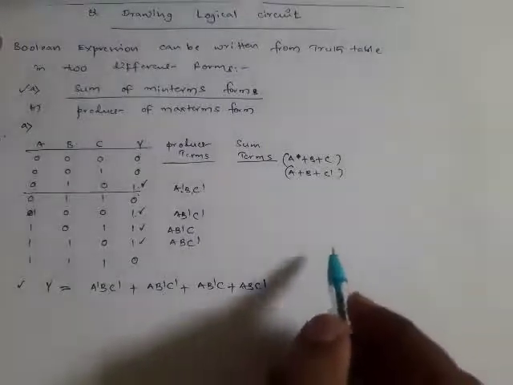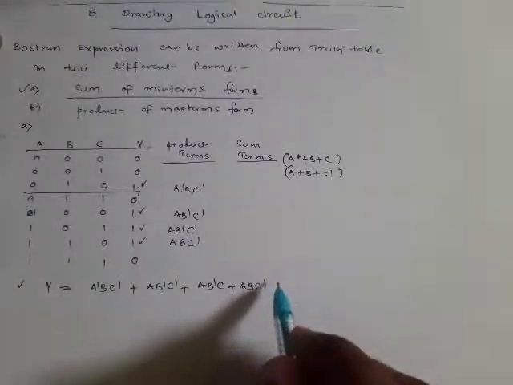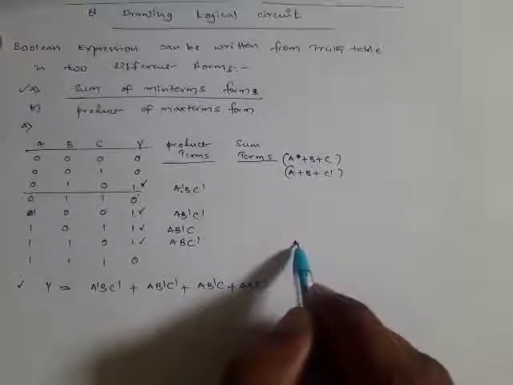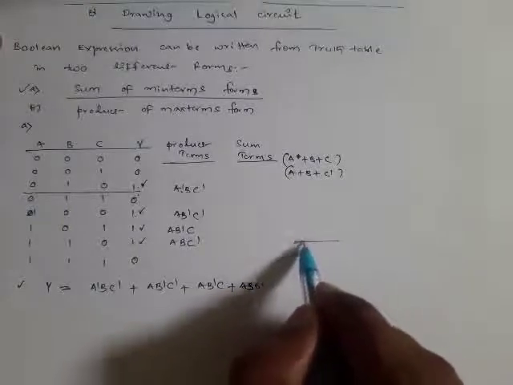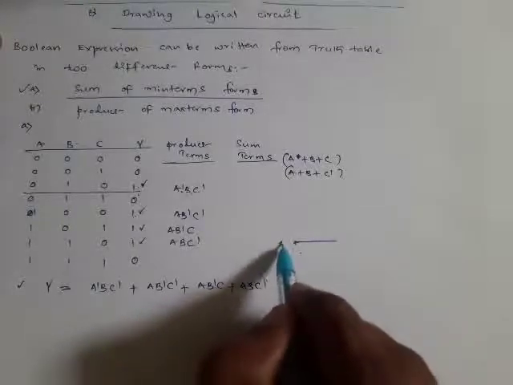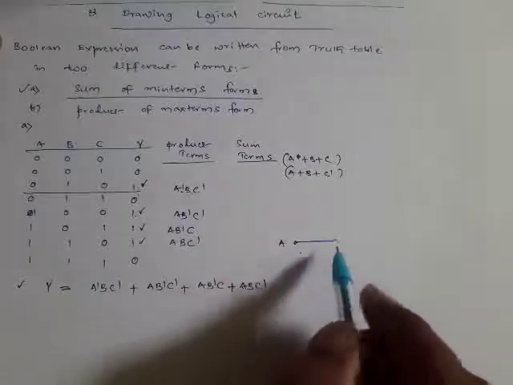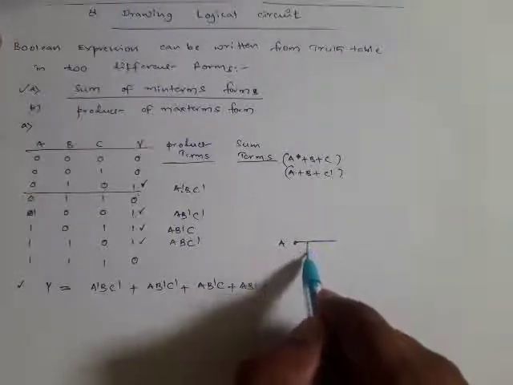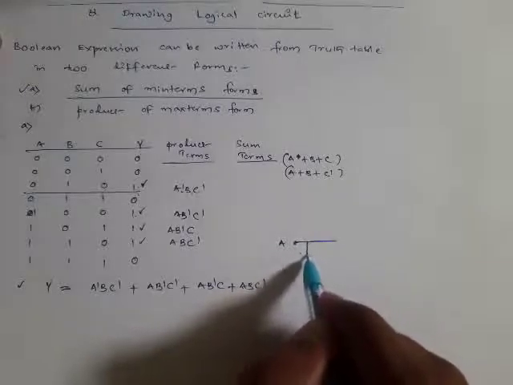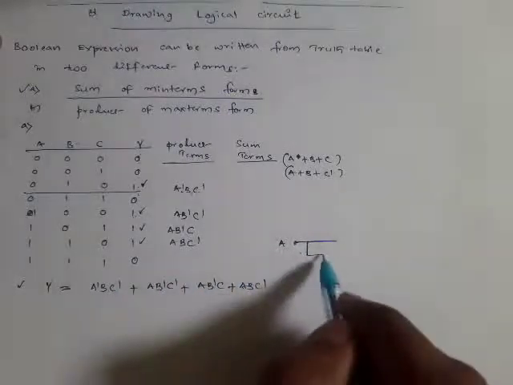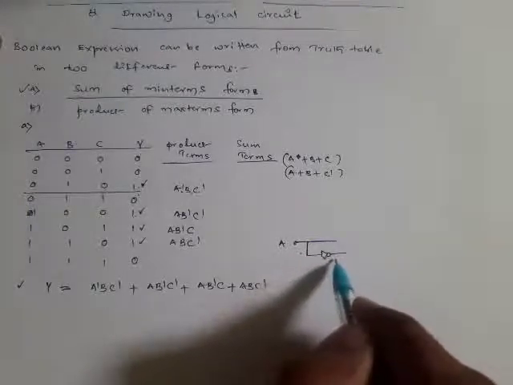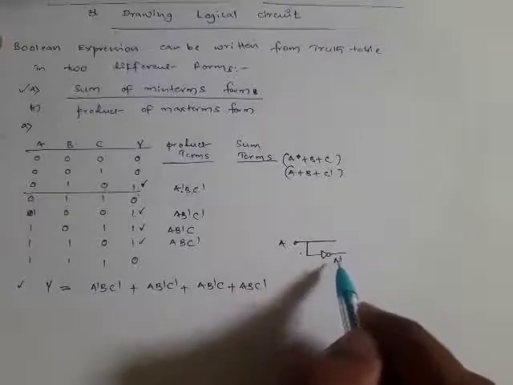Here you see that we have 3 variables. So this is A, and to get its complement we require a NOT gate, and from this we get A bar.